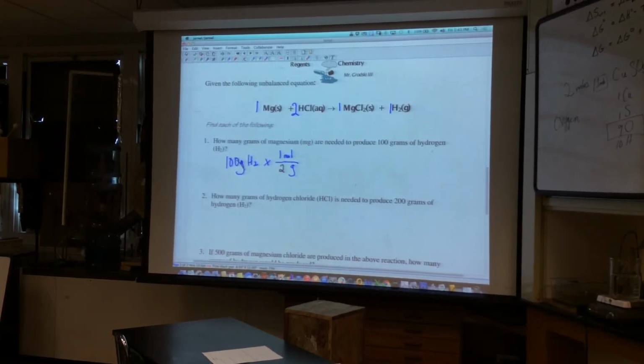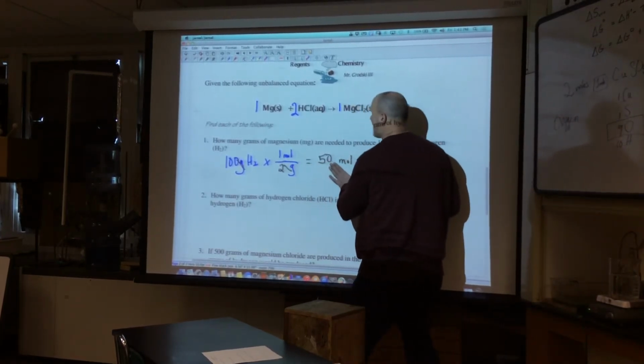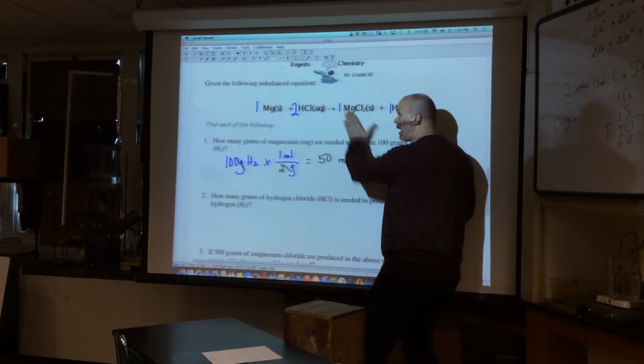Okay, cross them out. What does that give me? That gives me how many moles? 100 times 1 divided by 2? 50 moles of what? Of H2. We just converted to moles. Now I'm in a how many number? This was heavy. Now I can put this in my X and rock and roll.